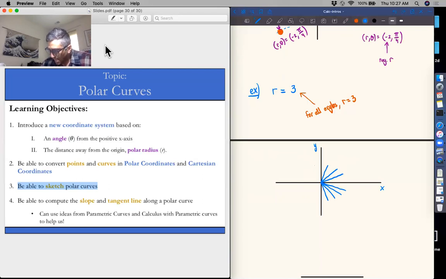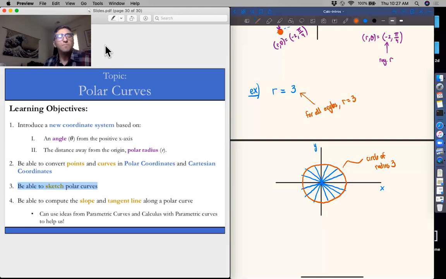Second quadrant is the same thing. And you might see what shape this is starting to sketch out. In fact, it's going to sketch out a circle of radius 3, because r is always equal to 3, no matter what angle we're considering.